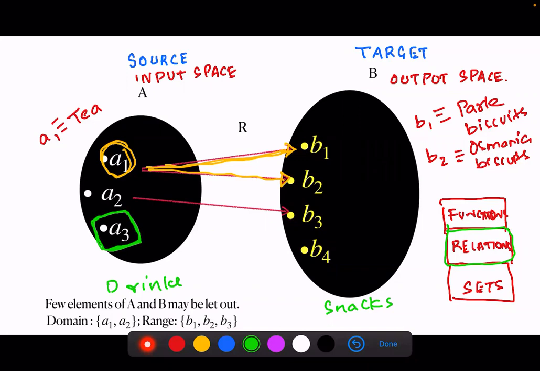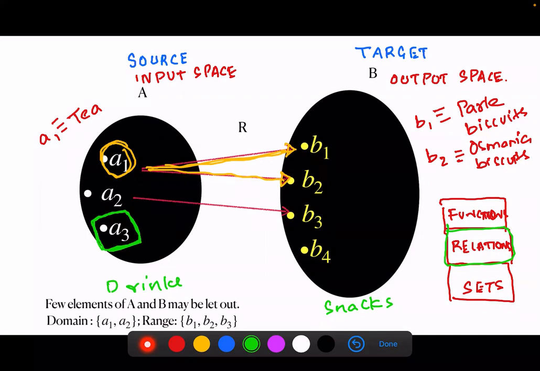Let's say you think of set A as the source set, the beginning set, you're starting from there. And then you're connecting the elements in set A to elements in set B. There are elements which are left out, not connected, so they're not relating. Maybe A3 is like Karela juice. Maybe no snack item goes with Karela juice, or maybe I don't like Karela juice, so I left it out.